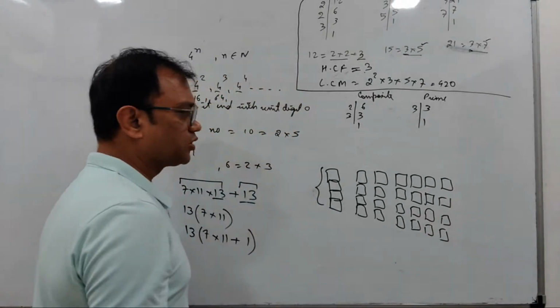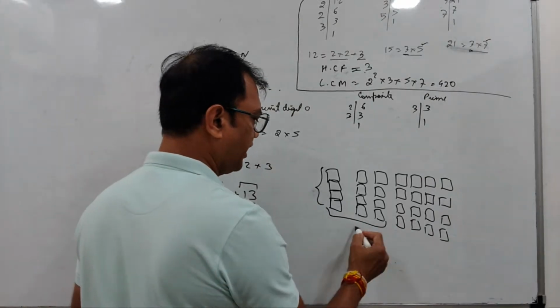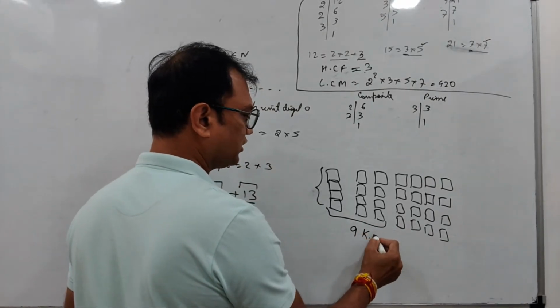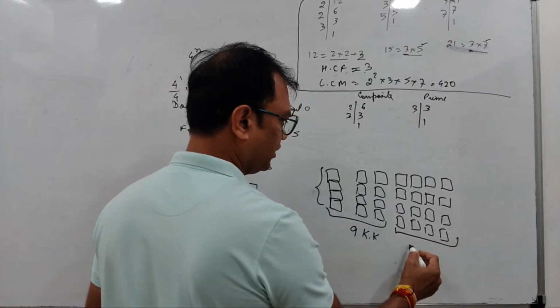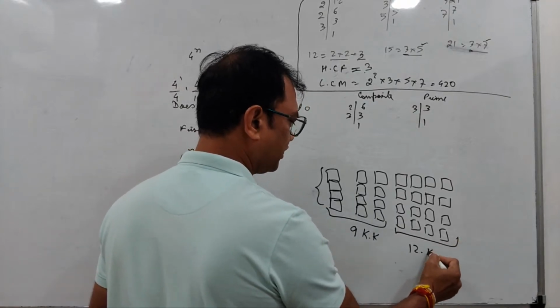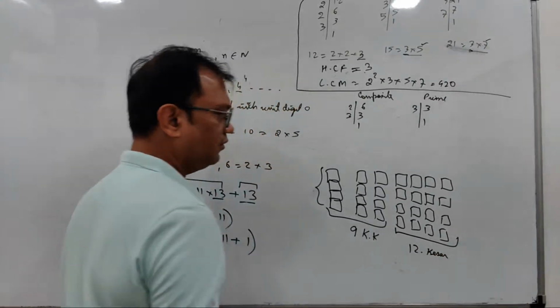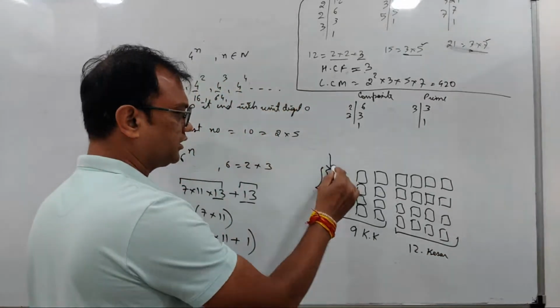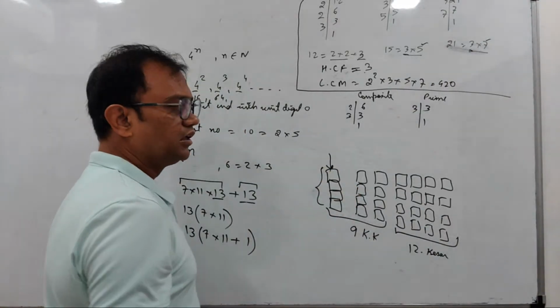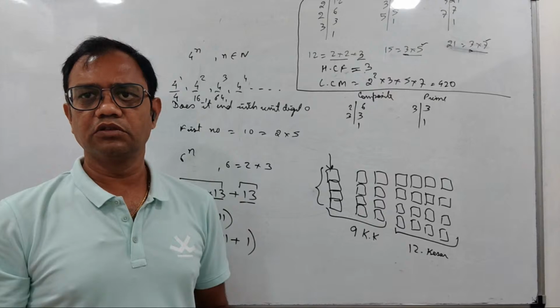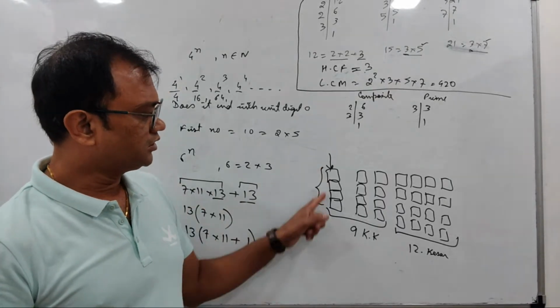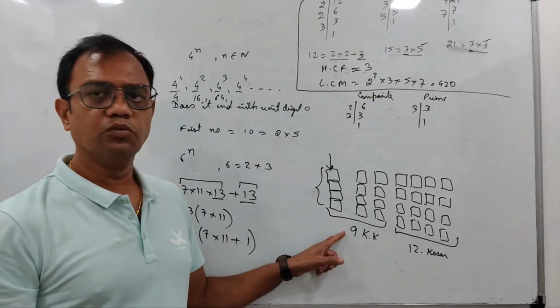When I ask you a question, let's say there are 9 regular Kaju Katris and there are 12 Kesar Katris. In one stack, how many sweets will there be? Obviously in one stack you cannot have more than 9, there will be fewer than 9.